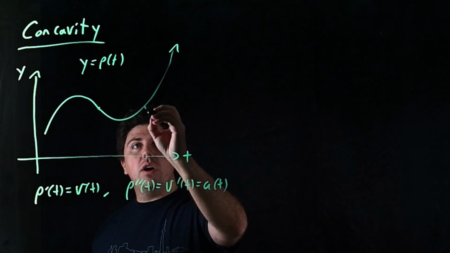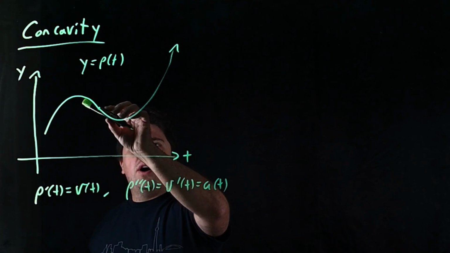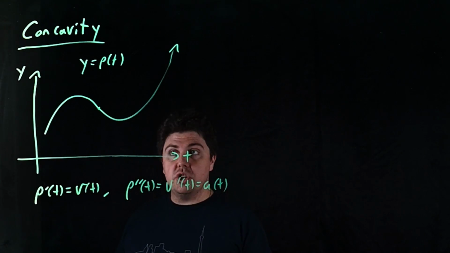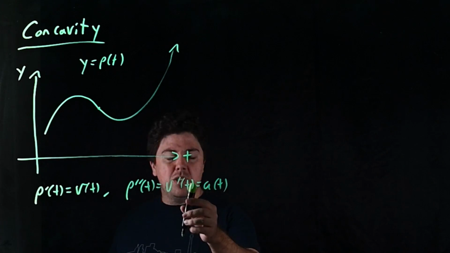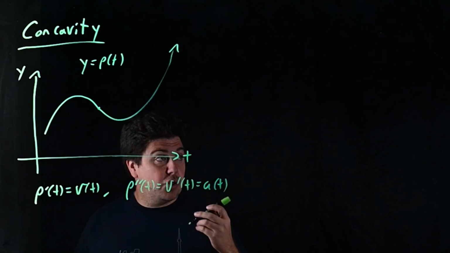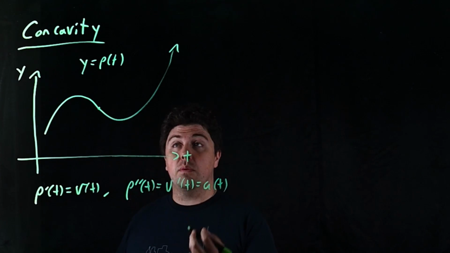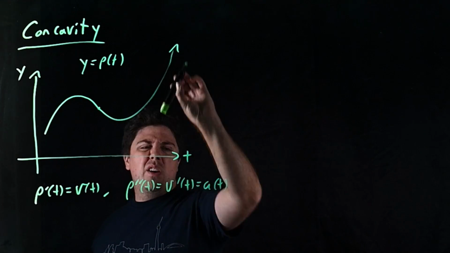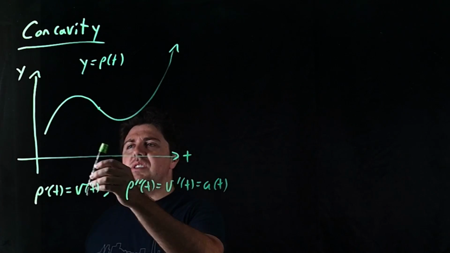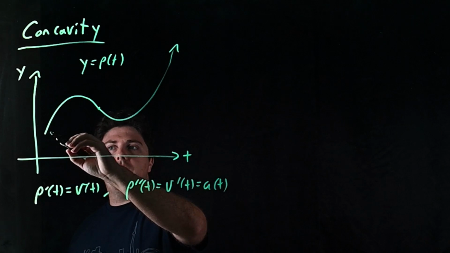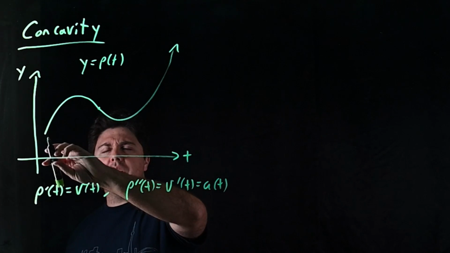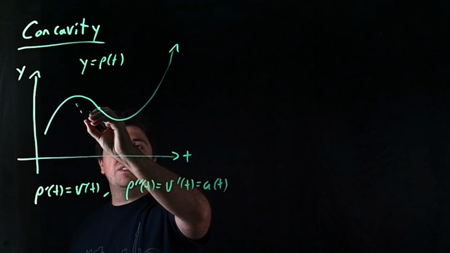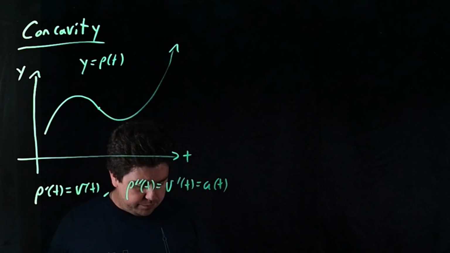From this point onward, since the velocity is increasing, that's going to have to mean that the acceleration is positive, because for the velocity to be increasing, its derivative would have to be positive, like we talked about before. So this is a region on the graph where the acceleration has to be positive, and similarly, we can see the function slowing down here. This is a region where the acceleration would be negative. So the function is decelerating here and accelerating here.